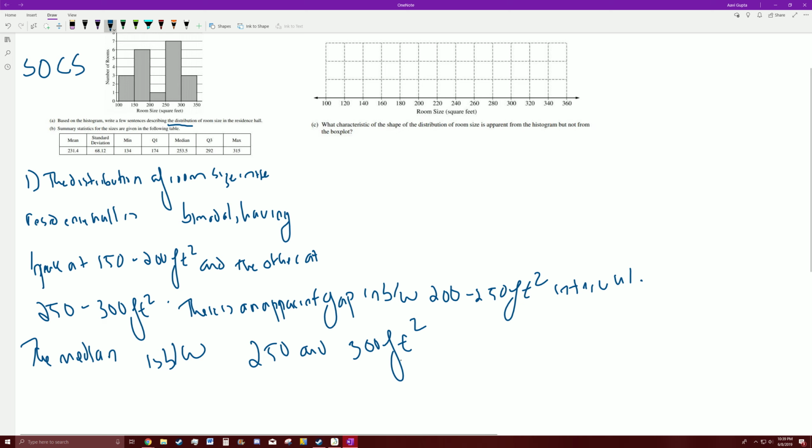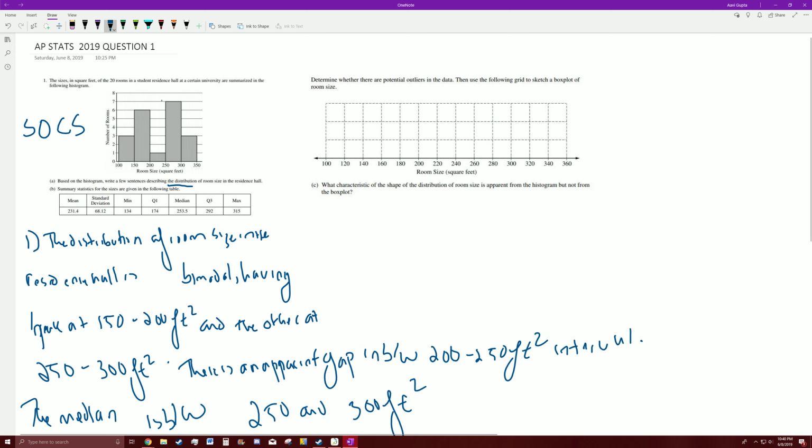and the range, let's see, the largest value is 300 to 350, smallest value is 100 to 150, so 350 minus 150.